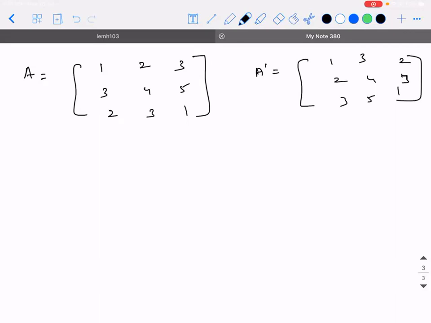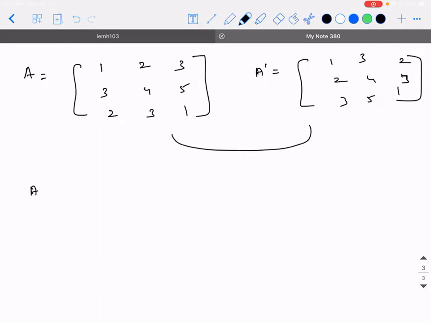Now you tell, is it symmetric? No, sir. Obviously no, right? But what does theorem 1 tell us? If I give you any random square matrix, you can always form a symmetric matrix from it by taking the sum of the given matrix with the transpose of it. Now I'm going to add these two.